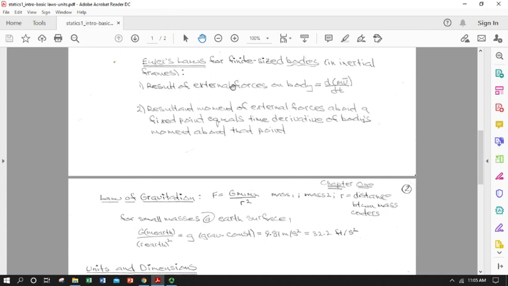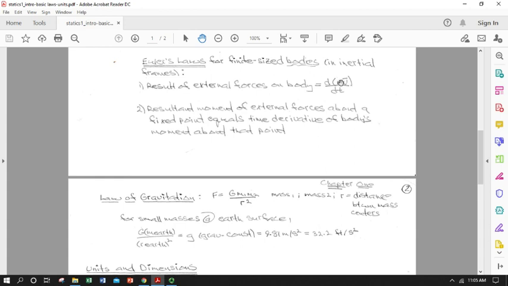So we can say the result of all the external forces, could be one, could be a bunch, is going to be the time rate of change of momentum. So m times v bar. And in this case, if we're looking at the whole body, that'll be an average velocity over all the little bits of volume times its bit of mass.